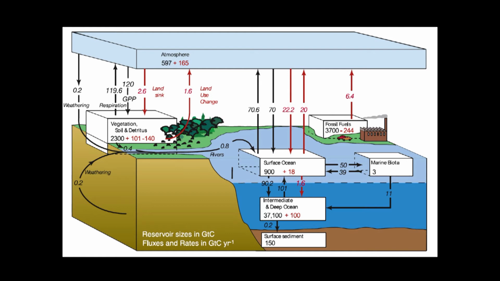And what's interesting is that we're changing quite dramatically, quite rapidly, the marine biota, surface ocean temperature. We're changing the vegetation through deforestation, land use change, urbanization, as our population grows. So all of these that make up the global carbon cycle, we're modifying every one and we don't know what the consequences are.